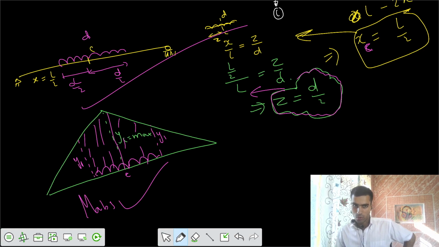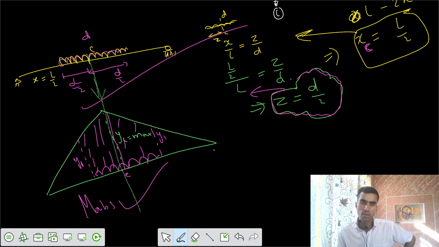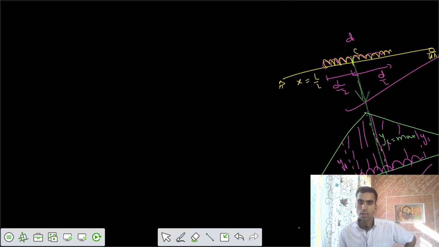And one more conclusion, once you draw that: there would be some resultant of that loading. Can you tell me where the resultant of that loading would be? I think it would be somewhere here at the midspan itself. So let's write one more statement.